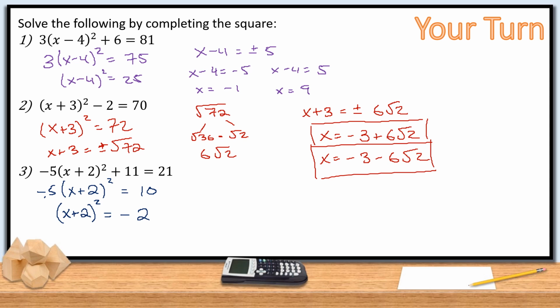So now, if you do square root of both sides, square root of a negative number is not possible. So we would say this one has no real solutions or 2 imaginary solutions. And we'll probably come back to this example again in the future to see what they would have looked like if we did do the imaginary solutions.